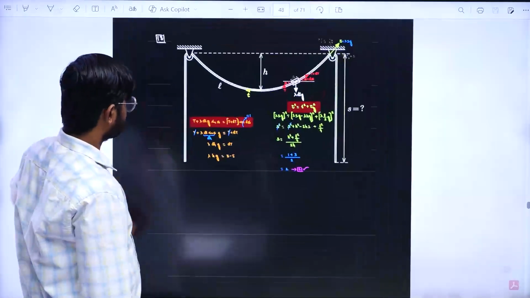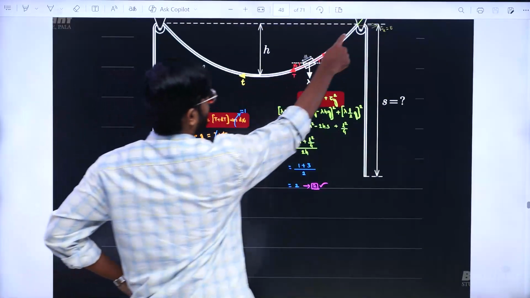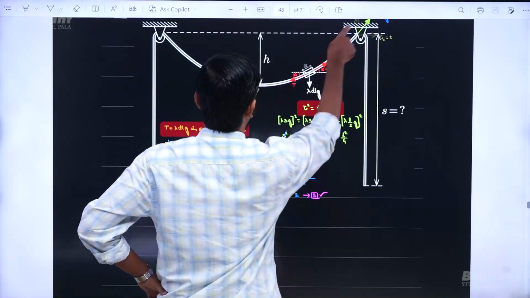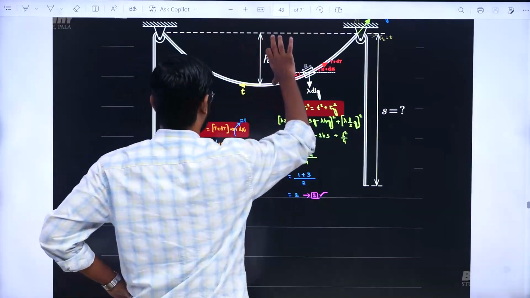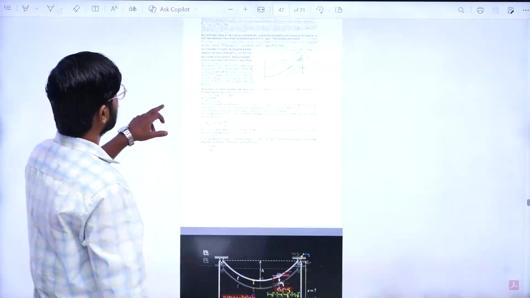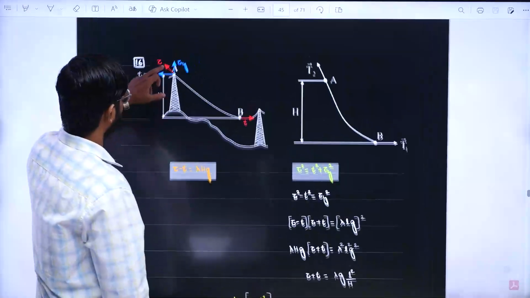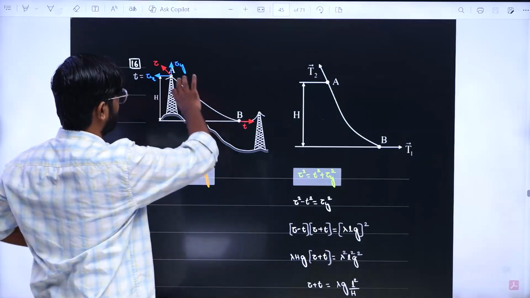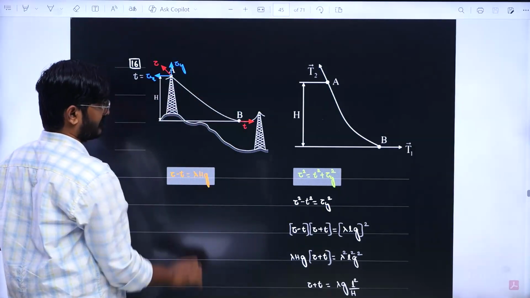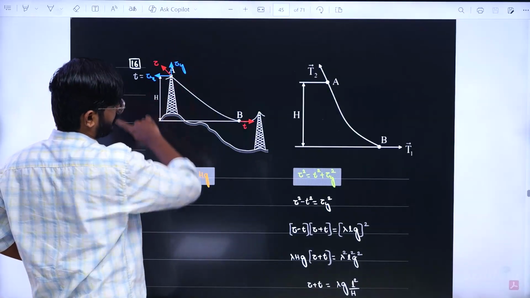There you would have understood the difference in the actual tensions. Difference in the actual tensions of two locations depends only on the vertical distance. So if I borrow that result here, difference in the actual tensions will depend only on the vertical distance. Now similarly here, net tension is going to be this square plus this square.